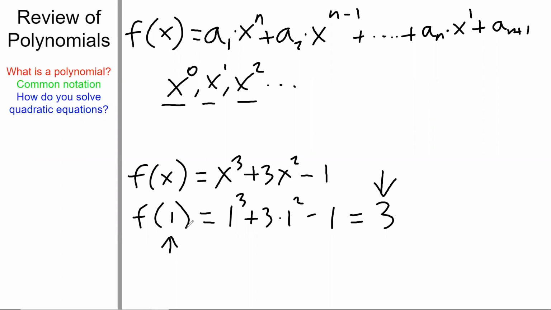Well, I already gave you what f of x is, so it's right here. F isn't like a variable, it's notation. So I got 3 from plugging 1 into x cubed plus 3x squared minus 1.